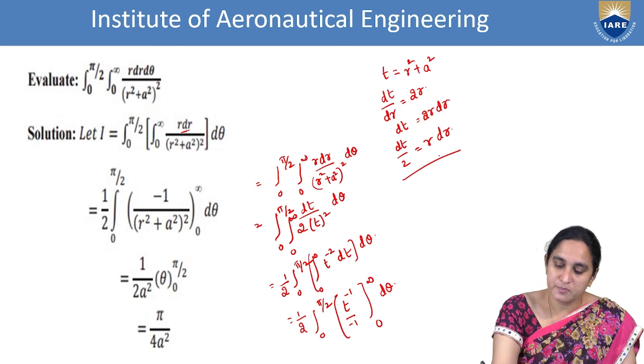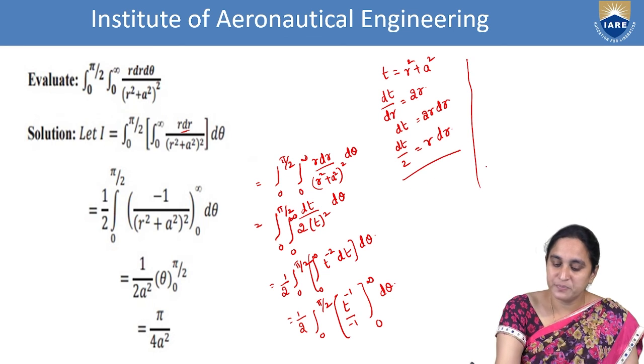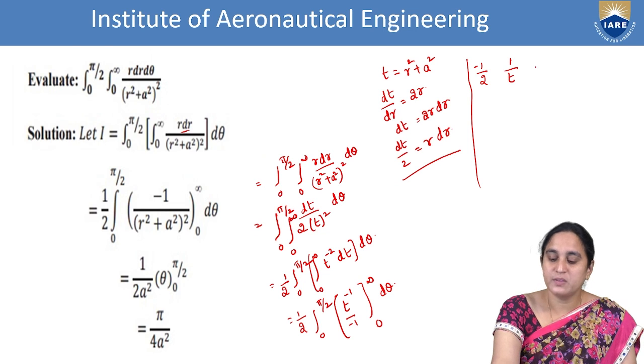From that I'll write the step: 1 by 2 into minus of 1 by t, integration 0 to pi by 2, and the limit points are 0 to infinity, d theta.